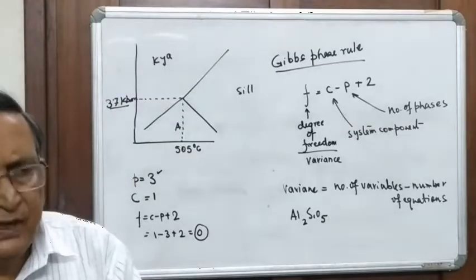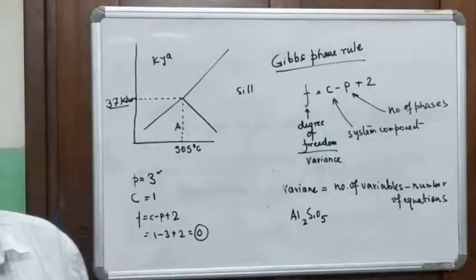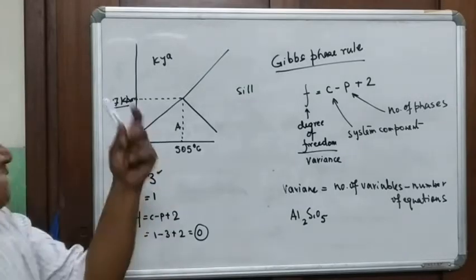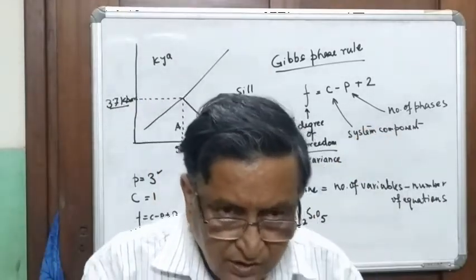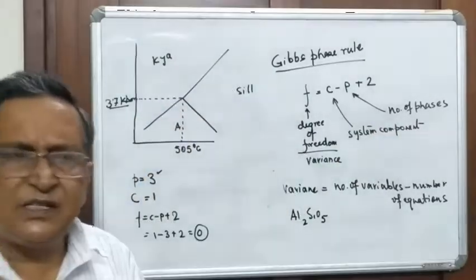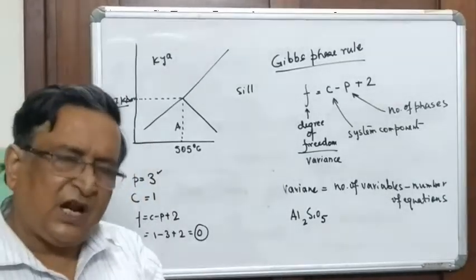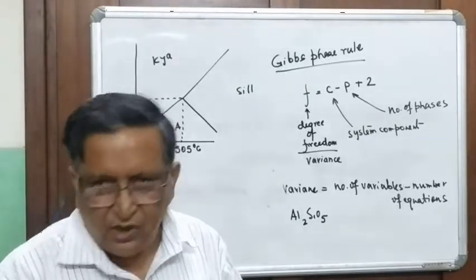Now you can ask me, so what are these equations you are talking about? Where are the equations? I don't see the equations. Now this is where I will explain it to you a little later. Please imagine that there are equations. I will have to talk about it because it's not a very simple thing.